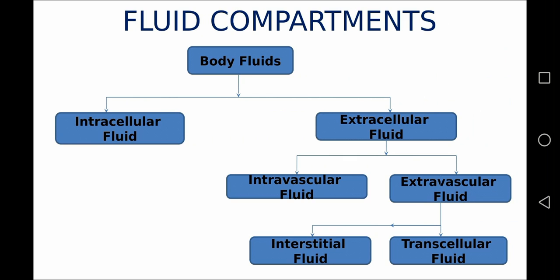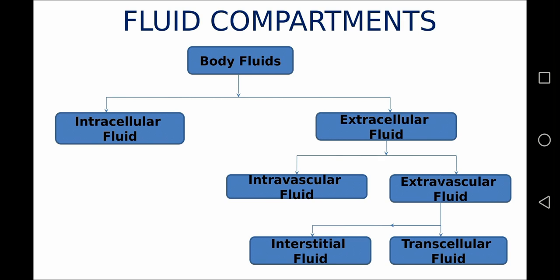First, we will start with the intracellular fluid. Intracellular fluid, simply we can say it as fluid within the cells. This fluid is located within the cell membrane and contains water, electrolytes and proteins.